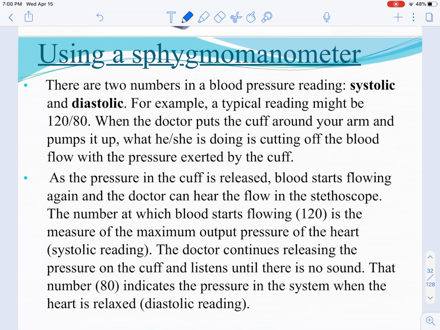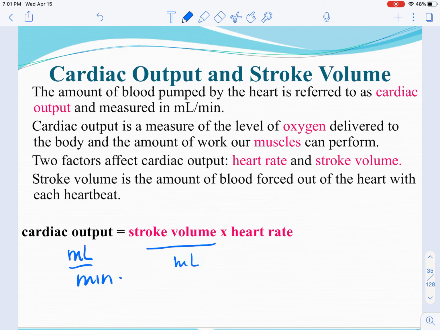And this cardiac output is how much blood is coming out of your heart in milliliters per minute. And to figure that out, we look at how much blood comes out in milliliters with every beat.